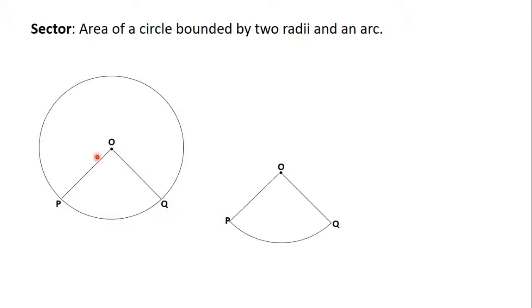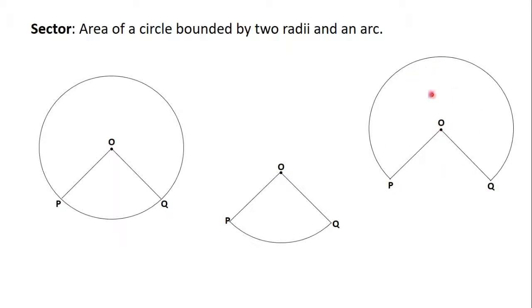If we take this portion out, you can see that this figure here is bounded by the radius OP and OQ and the arc PQ. So this is a sector. In the same way, if you take this bigger part here, it's bounded by the arc PQ, so this arc, and the radius OP and OQ.